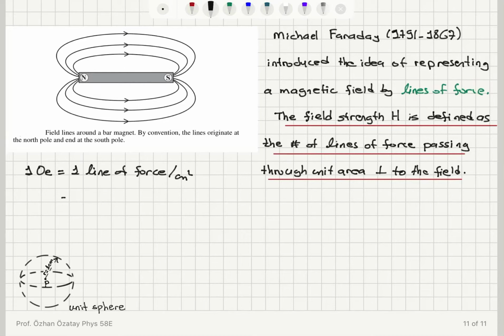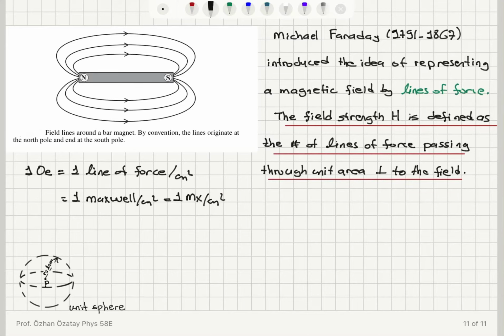This is also referred to as 1 Maxwell per centimeter square, or we can show it as 1 Mx per centimeter square.